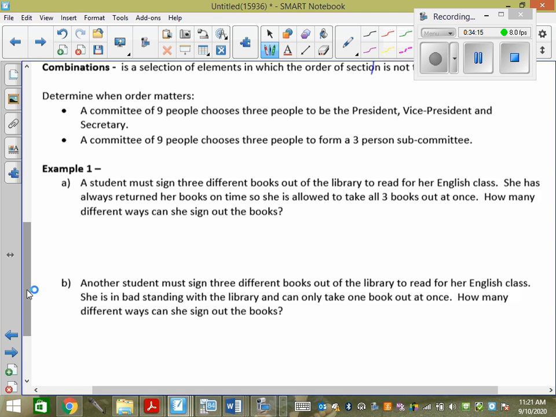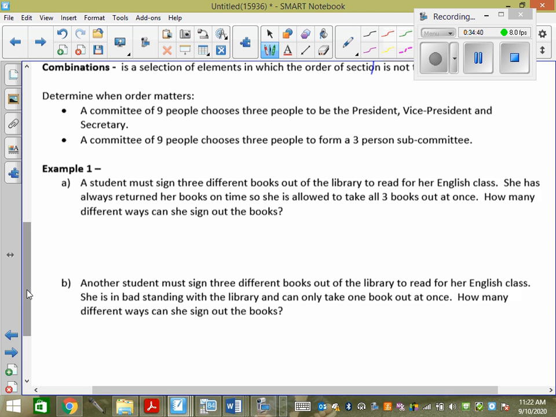So what I didn't realize is in order to decide if it's a permutation or a combination, you have to look at the people that you're choosing. Does their order matter? Not the total amount of people, just the people you're choosing. So if I go here and I say a committee of 9 people chooses 3 people, it's those 3 people I'm going to look at. Okay? Now I got to keep reading. I'm going to choose those 3 people to be a president, a vice president, and a secretary.